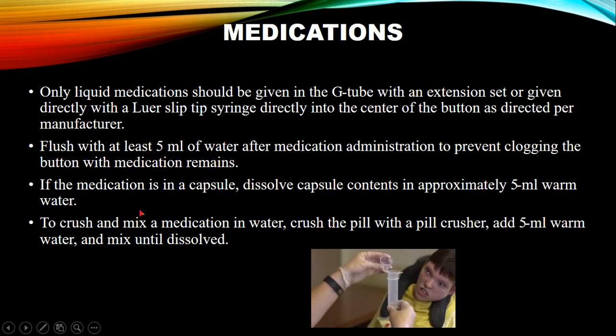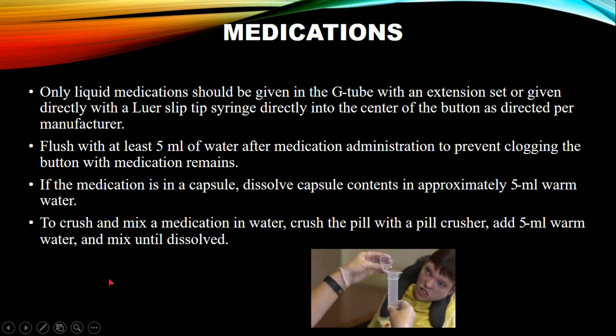If the medication is a capsule, we take 5 ml of warm water, put the contents of the capsule in it, mix it and give it to the child. If it is a solid medicine, we have a mortar and pestle, or a pill crusher, and we crush it, then add 5 ml of warm water and mix it until it is dissolved properly, and then it is given.